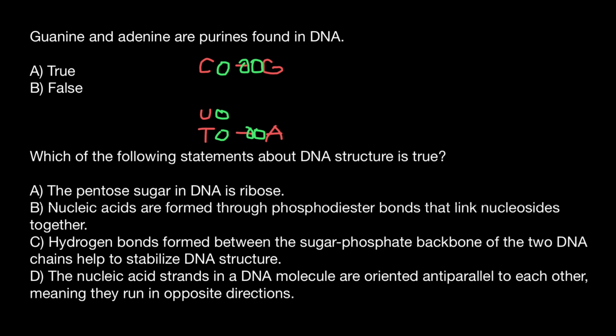Again, this is not a scientific explanation, it's just a mnemonic technique. CUT would stand for the bases with one ring, and guanine and adenine would stand for the bases with two rings.